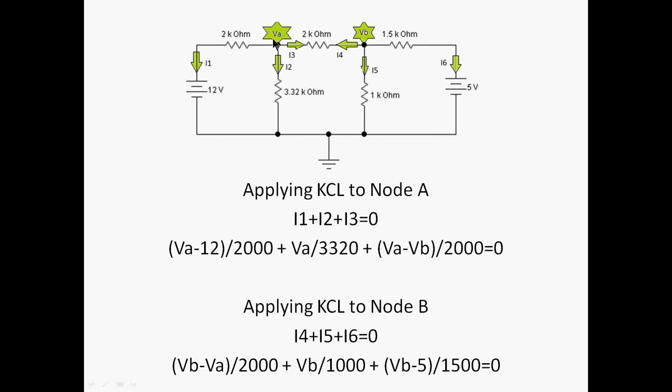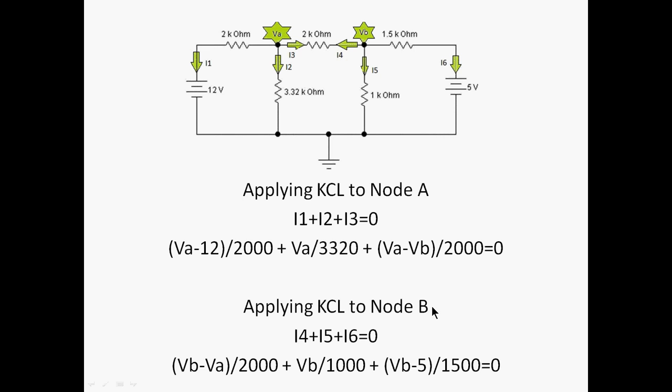I1 is nothing but VA positive to negative, so a minus sign, VA minus 12 divided by 2 kilo ohms. Similarly, I2 and I3 can be found out. I3 can be found out as VA minus VB divided by 2 kilo ohms.